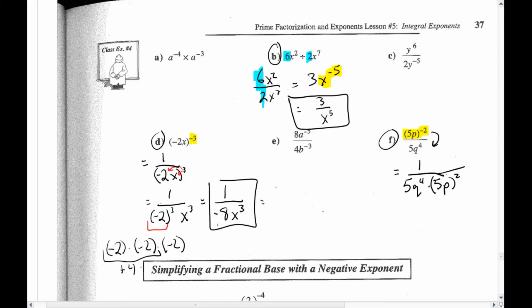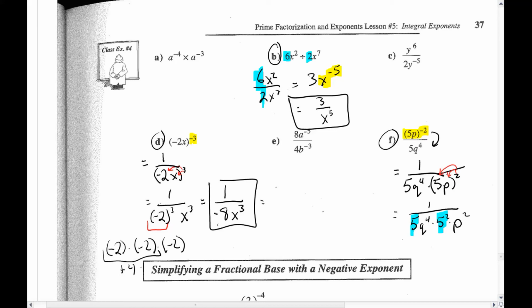And then what we're going to do is distribute that 2. The 2 is going to act on the 5 and the p. So I'm going to rewrite that as 1 over 5q to the power of 4 multiplied by 5 squared multiplied by p squared. And then I'm going to deal with my 5s. I have 5 multiplied by 5 squared. I know that 5 squared is 25.